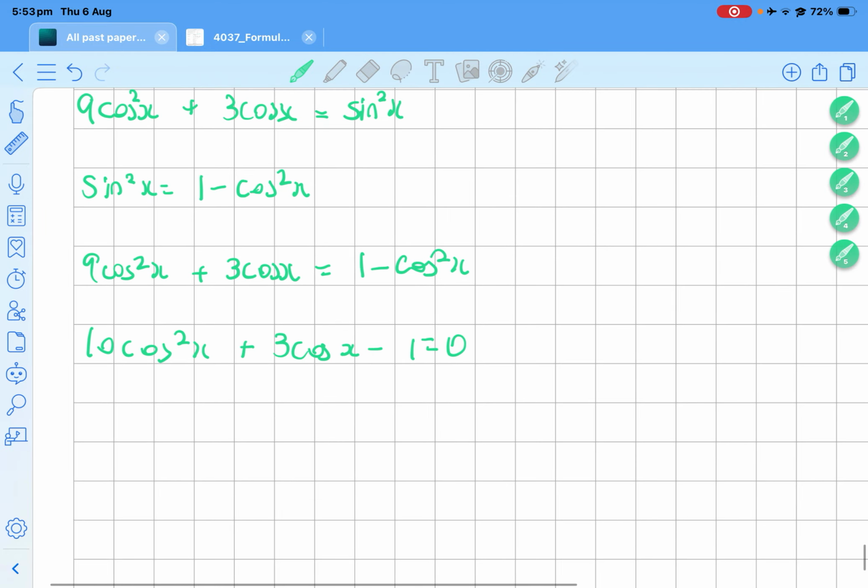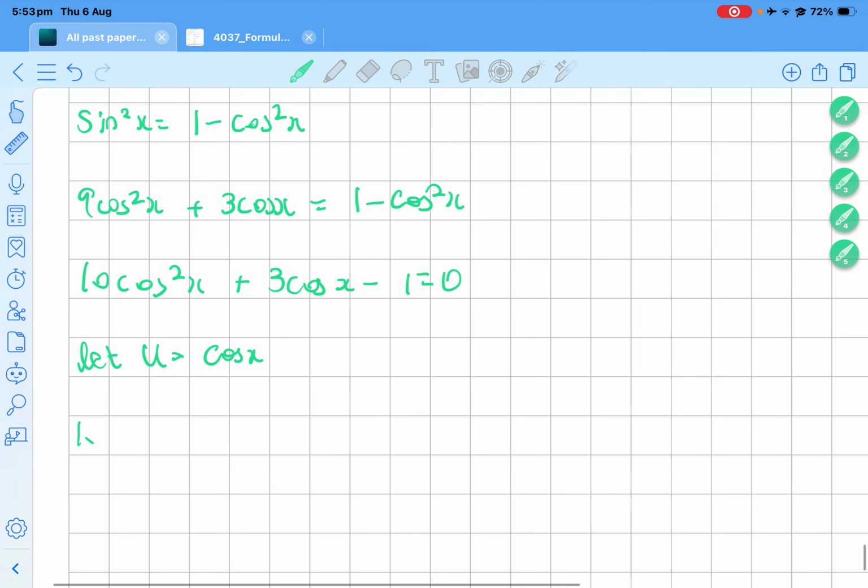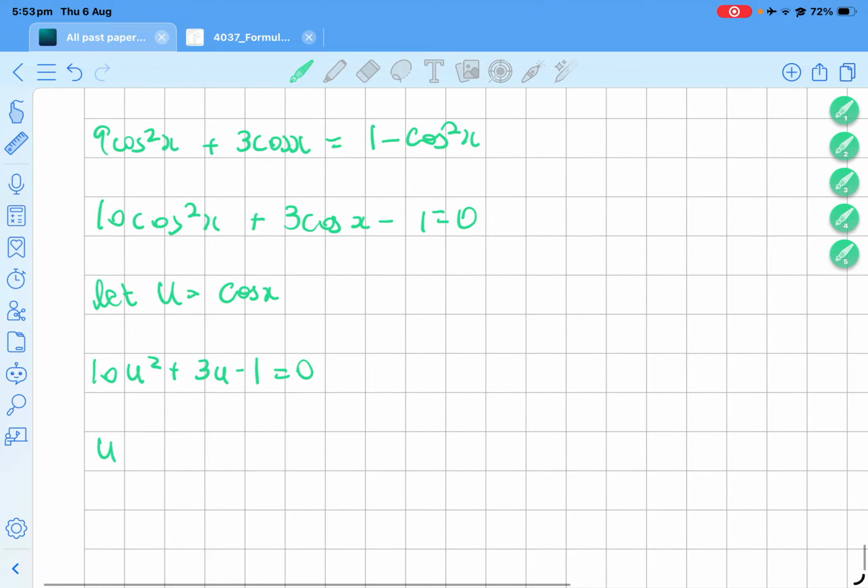So we can say that u is equal to cos x. So 10u square plus 3u minus 1 equals 0. So u equals 1 over 5, or u is equal to minus half.